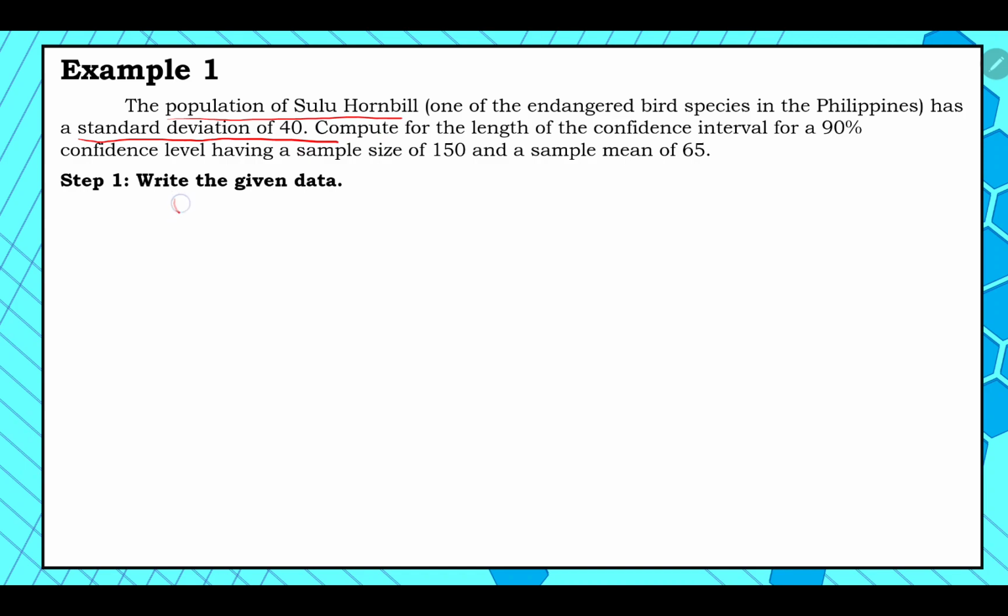So, our population standard deviation will be 40. And then we have also the 90% confidence level. So we have our confidence level, which is 90%. And then sample size of 150. And a sample mean of 65. So our point estimate is sample mean, which is 65.